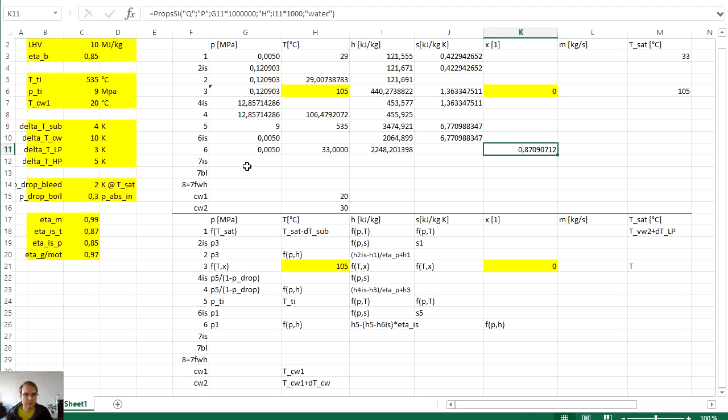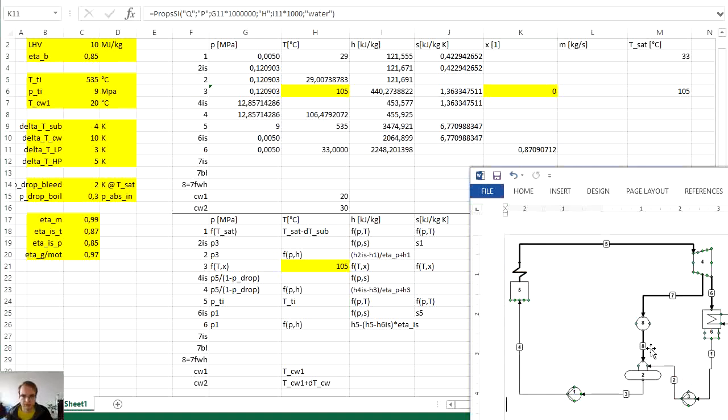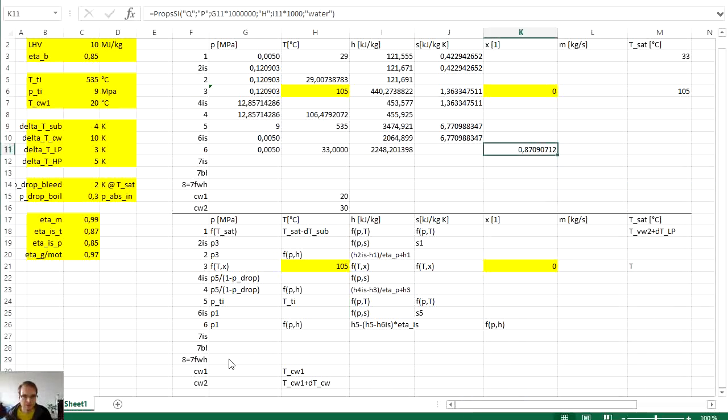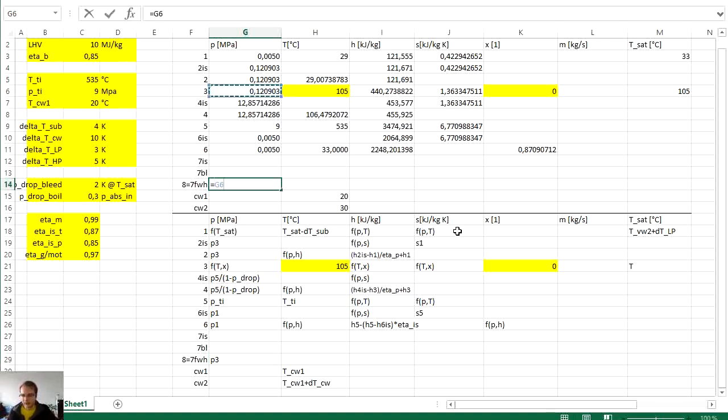Now we can move to the points of the turbine bleed. If you look at the diagram, you can see that node number 8 will need to have the same pressure as points 2 or 3. So at point number 8, the pressure will be the same as pressure 2 or pressure 3. So the pressure at point 3 is here.